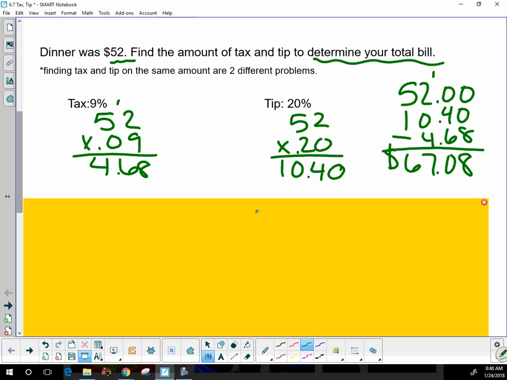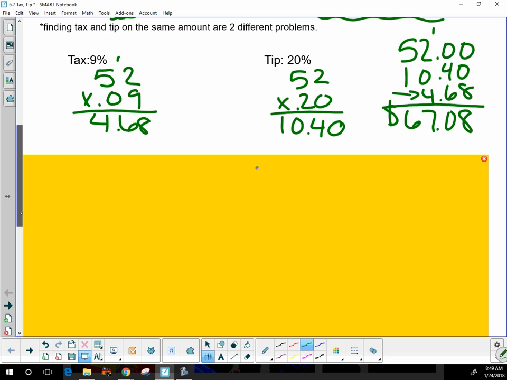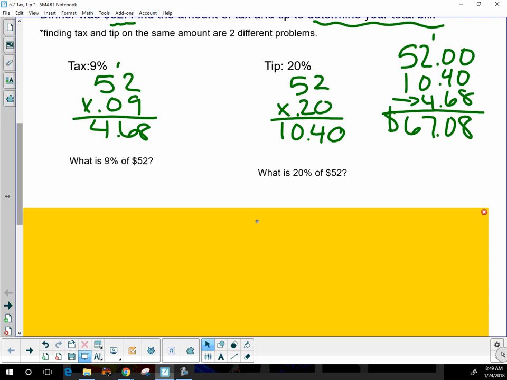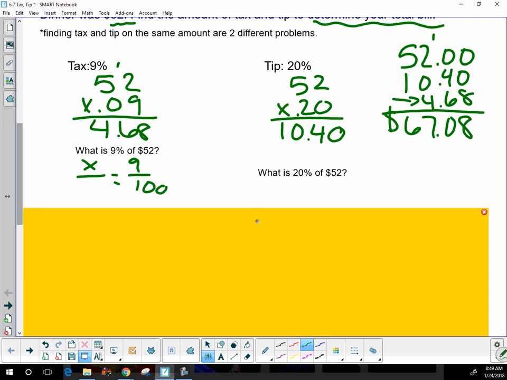Now, you don't tip on the amount with tax, and you'll get your receipt and you can see your amount before tax, so you can figure that out. This is what you would ask yourself if you wanted to use the proportion. What is 9% of, goes down there, 52?